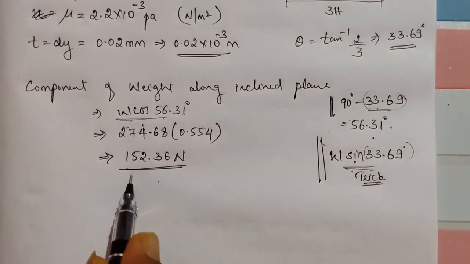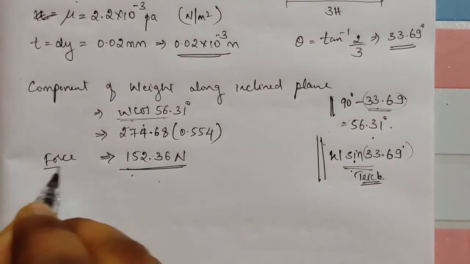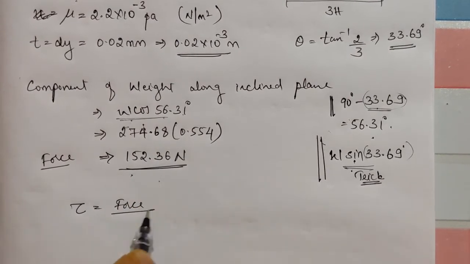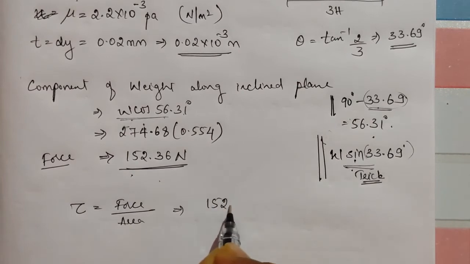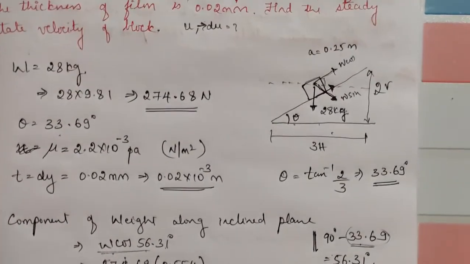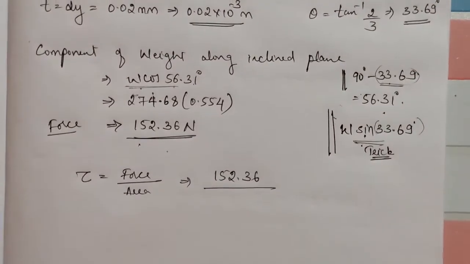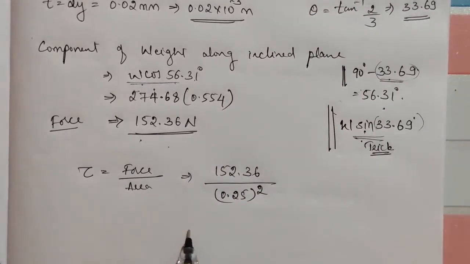Okay, this is the force, right? So what we know is shear stress is equal to force by area. What is this force? 152.36. What is the area? The area of the square, A square. One side is given as 0.25, so 0.25 square.